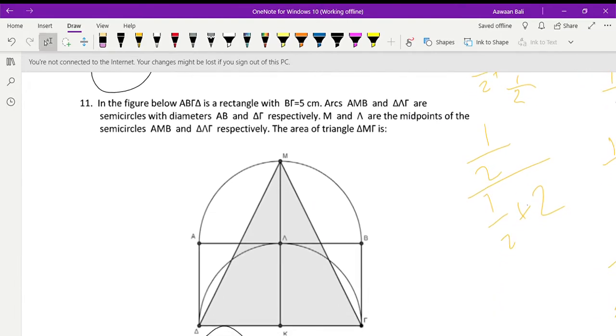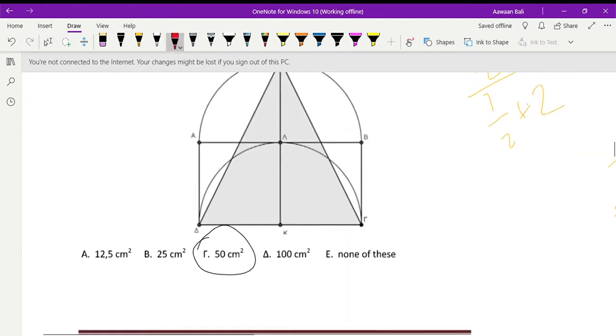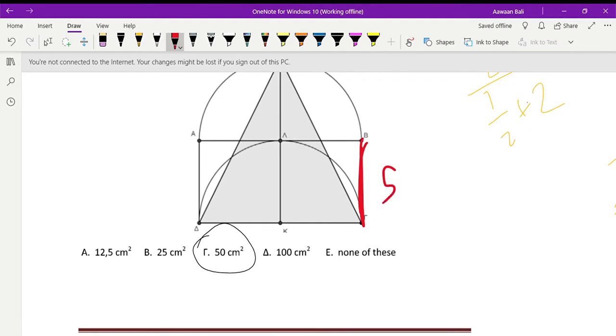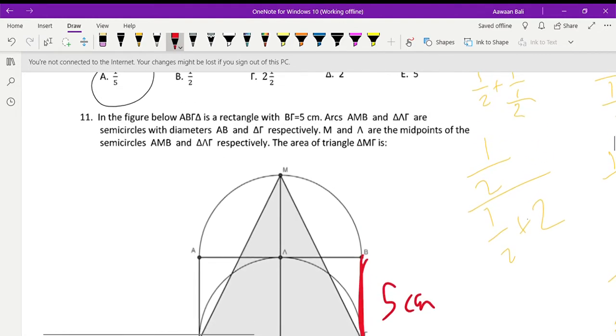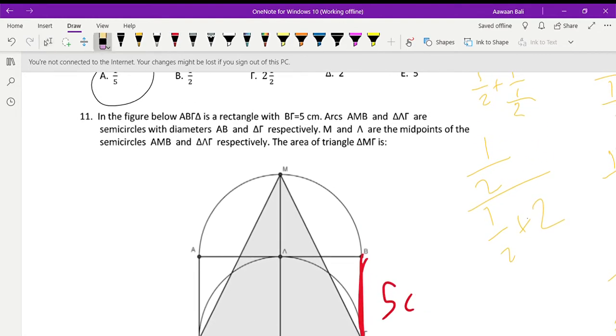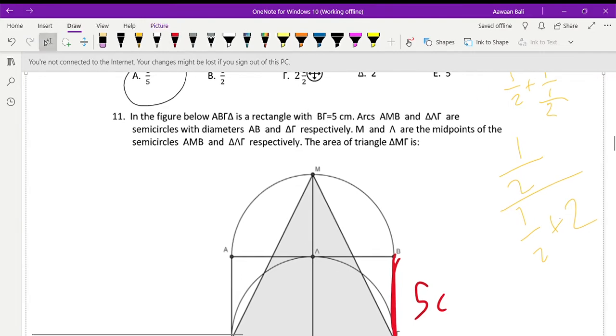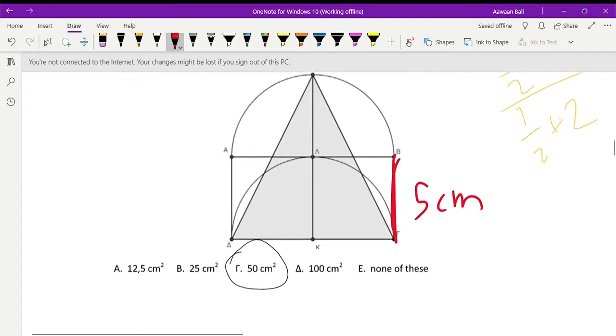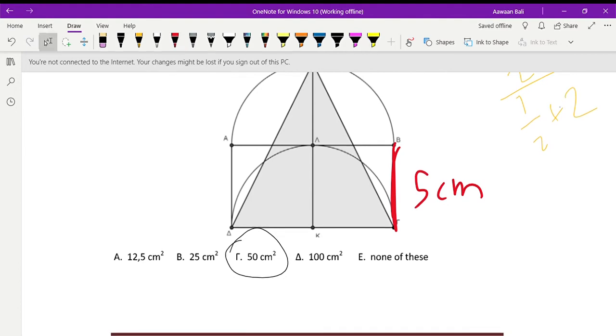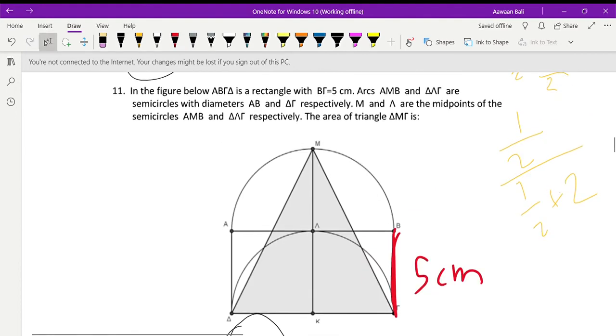Question number 11. The figure below alpha, beta, gamma, delta is a rectangle with beta, gamma, so this side here has 5 centimeters. So the arcs, it's basically saying that, wait, let me look.